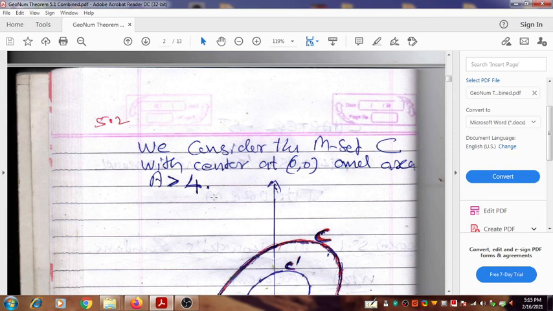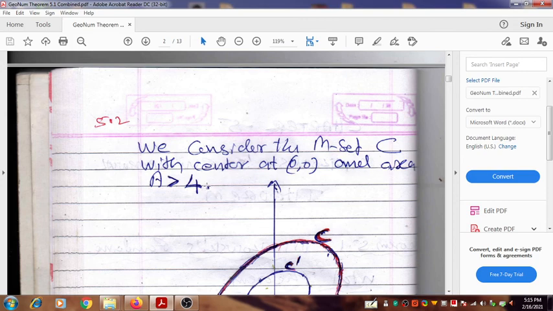In the first case, we consider the M set having area greater than 4. In the second case, we consider all M sets having area equal to 4. The proof of the second case will depend on the proof of the first case. So first, we want to develop the proof in the first case.